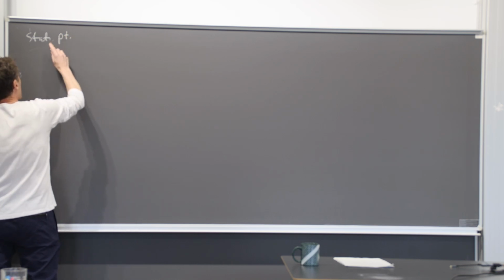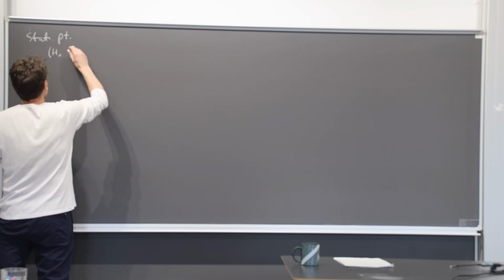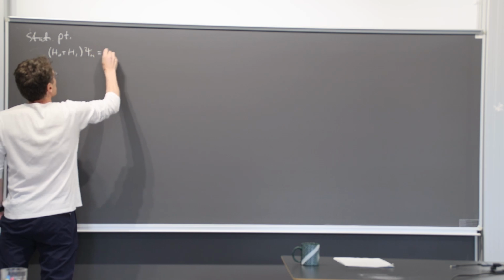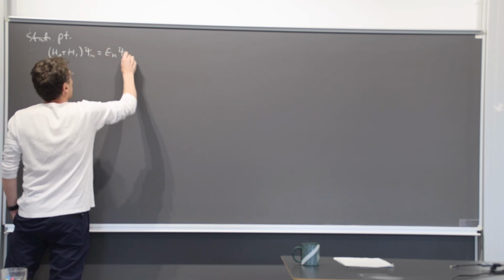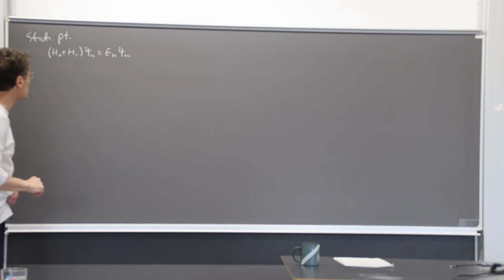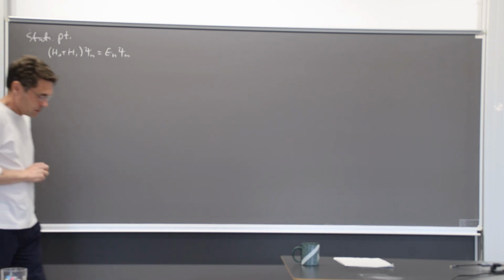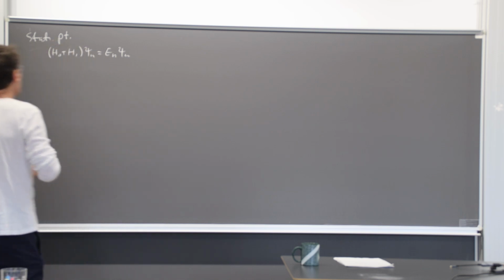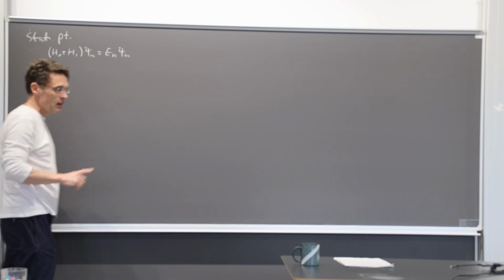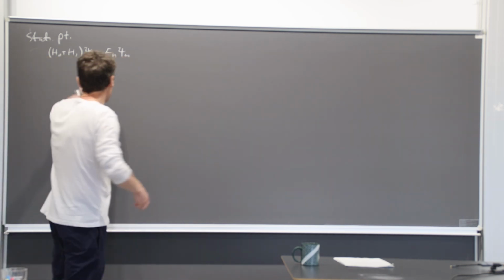So the problem we want to solve is something like this. So we have a stationary eigenvalue problem, and the idea here is that this, in some rather vague sense, is a small perturbation.